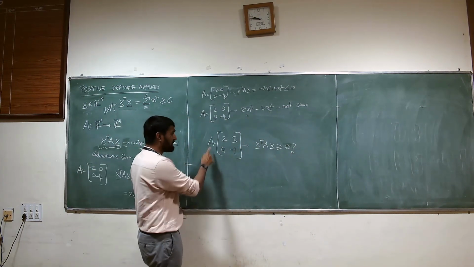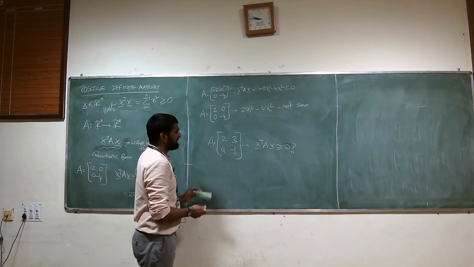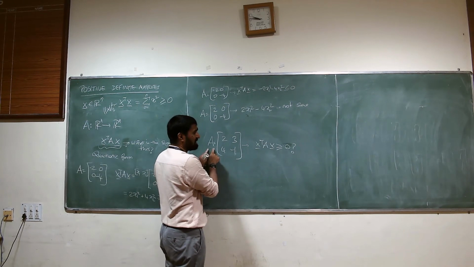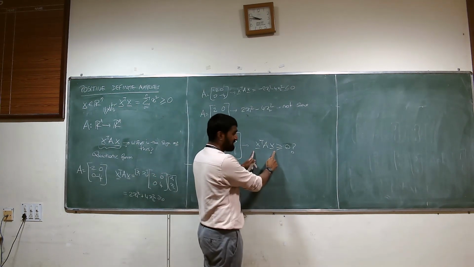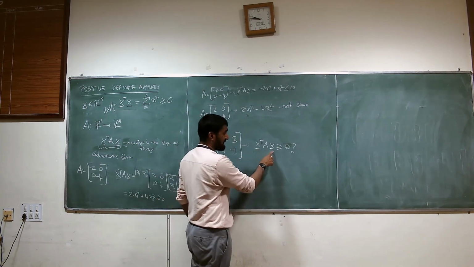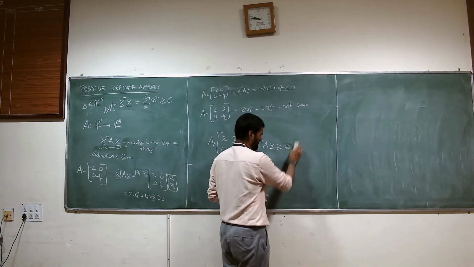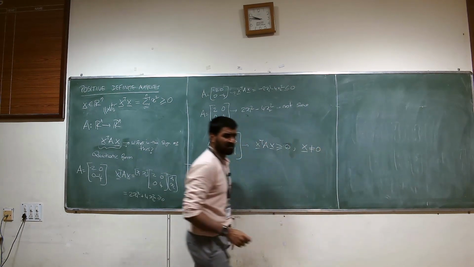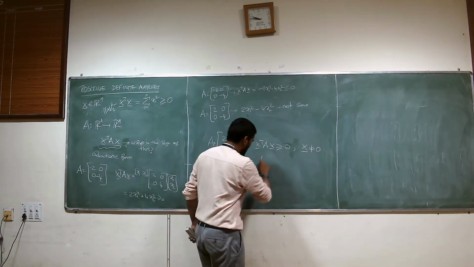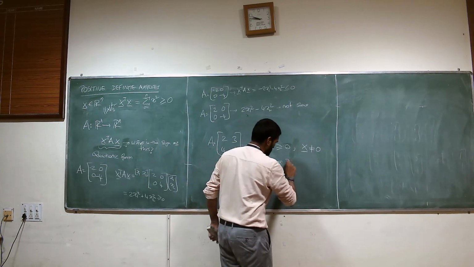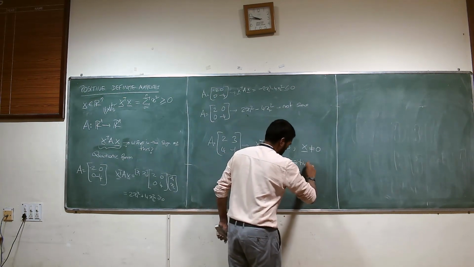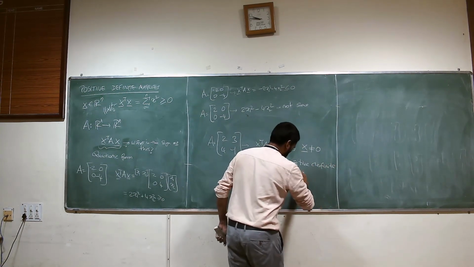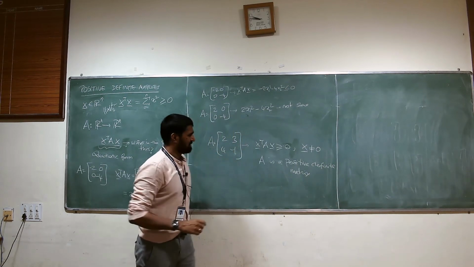And whenever we have a matrix A that satisfies this condition, where x transpose Ax is always greater than 0 when x is not equal to 0, then we say A is a positive definite matrix.